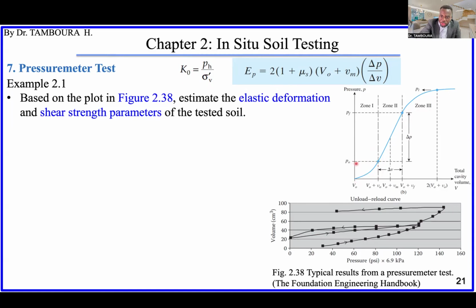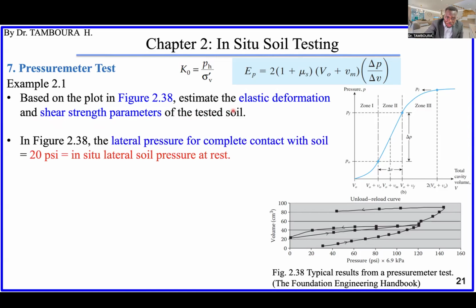So do you remember this? As I said, the P0 is similar to pH here, which means the soil has returned to its initial state. Okay. So based on this, we can estimate the elastic deformation and shear strength parameter. First, this 20 here corresponds, as I said, to the pressure 20. If you want it in kilopascal, please multiply by 6.9.